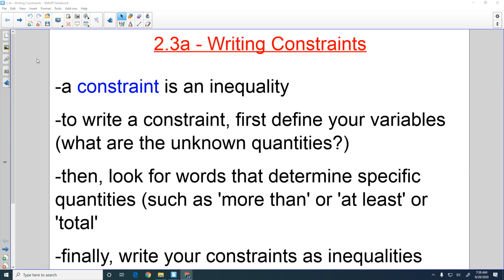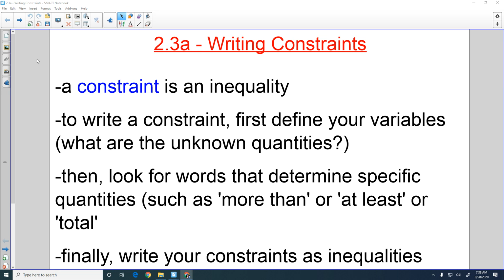And then you have to write these inequalities, and you have to use those types of words that refer to a quantity or a number or a value. You know, 2 more than this, or 5 less than that, or at most 6. Those are all words that deal with an inequality.